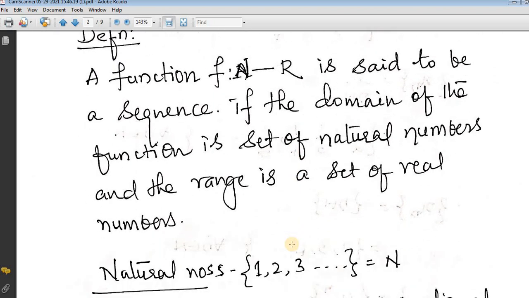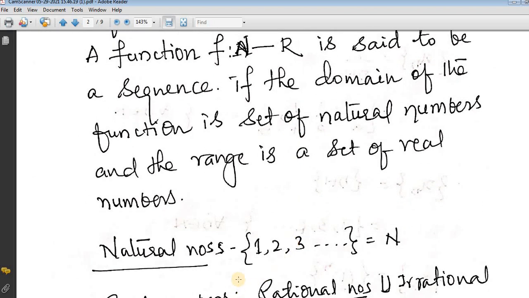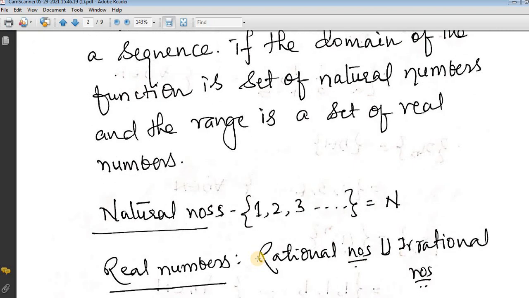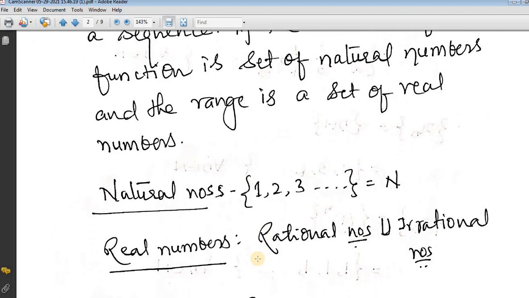What is the set of natural numbers? All the positive numbers except 0 are the elements of the natural number set. Similarly, real numbers are the union of rational numbers and irrational numbers.